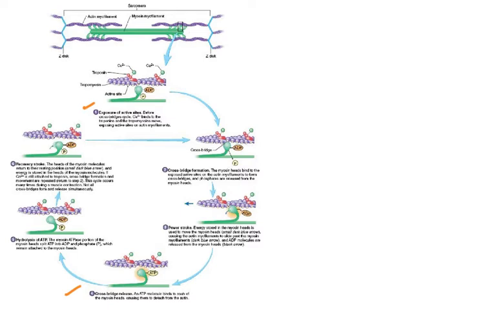Then number 5, hydrolysis of ATP. The myosin ATPase portion of the myosin head splits ATP into ADP and phosphate, which remain attached to the myosin heads. Then number 6 is the recovery stroke. The heads of the myosin molecules return to the resting position and energy is stored in the heads of the myosin molecules.